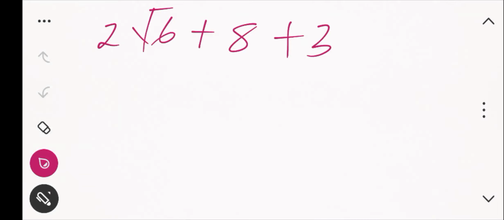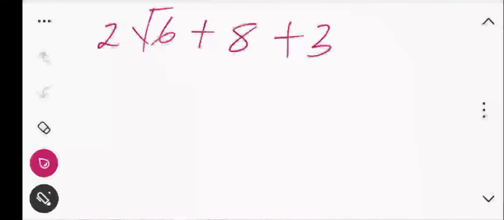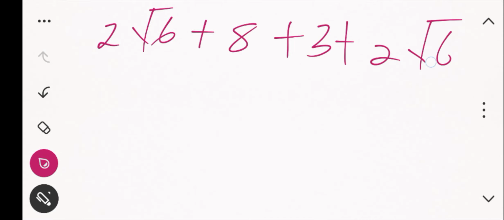Then we go back and check what number is next. Root 3 times 2 root 3. So 2 times 1 is 2. Then root 3 times root 2 is root 6. So we have another plus 2 root 6.